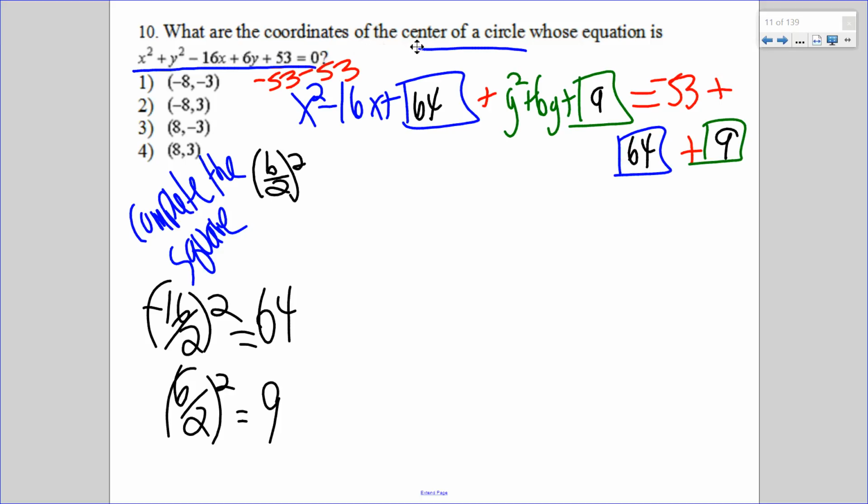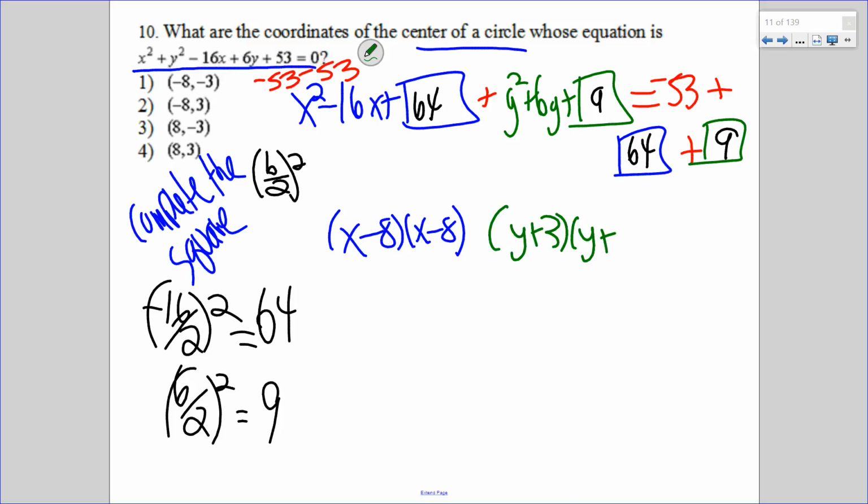So my blue I now factor x minus 8, x minus 8. It's going to always be the same factor written twice because it's a perfect square trinomial. My y's, I have y plus 3, y plus 3. That gives me 20 on my right-hand side when I combine all those.